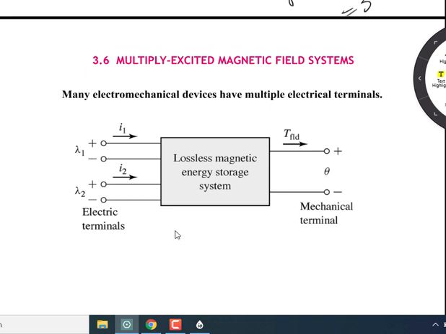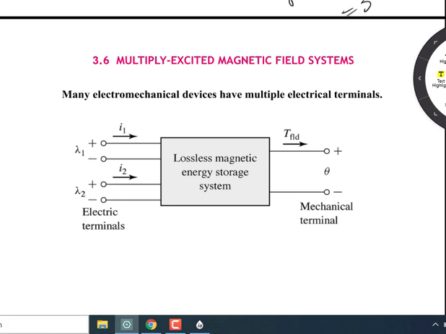Not only this, we can also have our synchronous machine. Synchronous motor always works in this way, and in some control our slip ring induction motor also works as a multiply excited magnetic field system. What we are having here is two different energy sources, two different currents, and two different flux linkages, right?